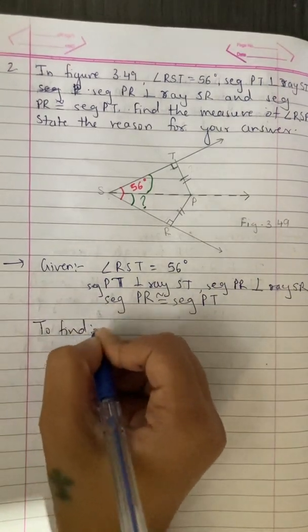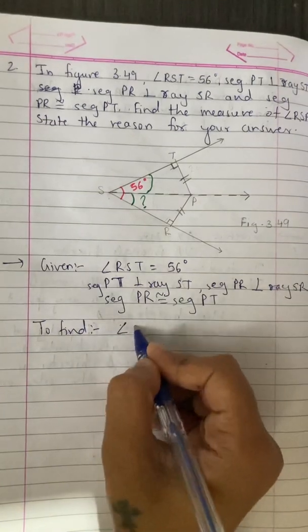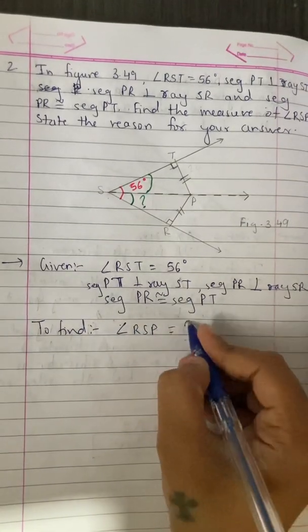Write down: find the measure of angle RSP. So angle RSP is equal to question mark.